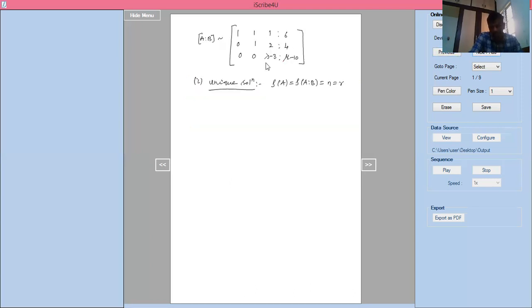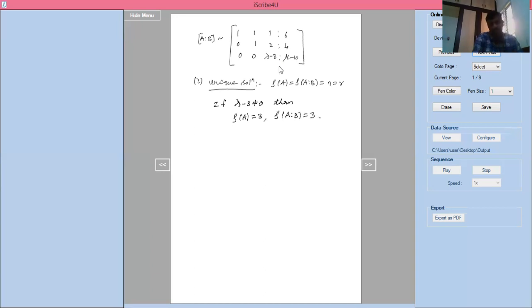When will the rank be 3? If lambda minus 3 is not equal to 0, then rank of A equals 3, and similarly rank of A is to B is also 3.